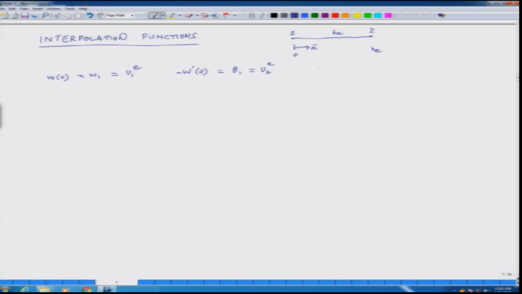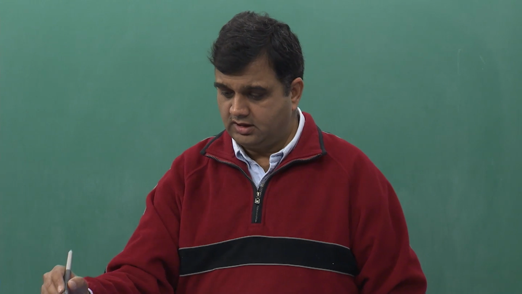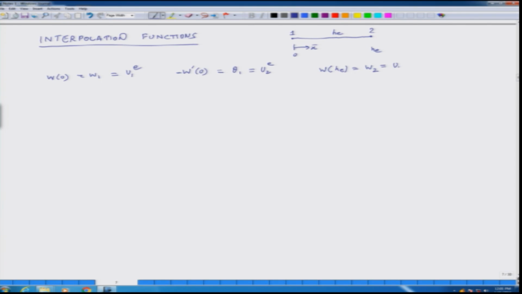Then my third degree of freedom is W at HE, which is the node 2, and physically it is the deflection at point 2, and this I call U3E. And then the last one is the slope at node 2 of the element, and this is physically some angle theta 2, and this I call U4E.